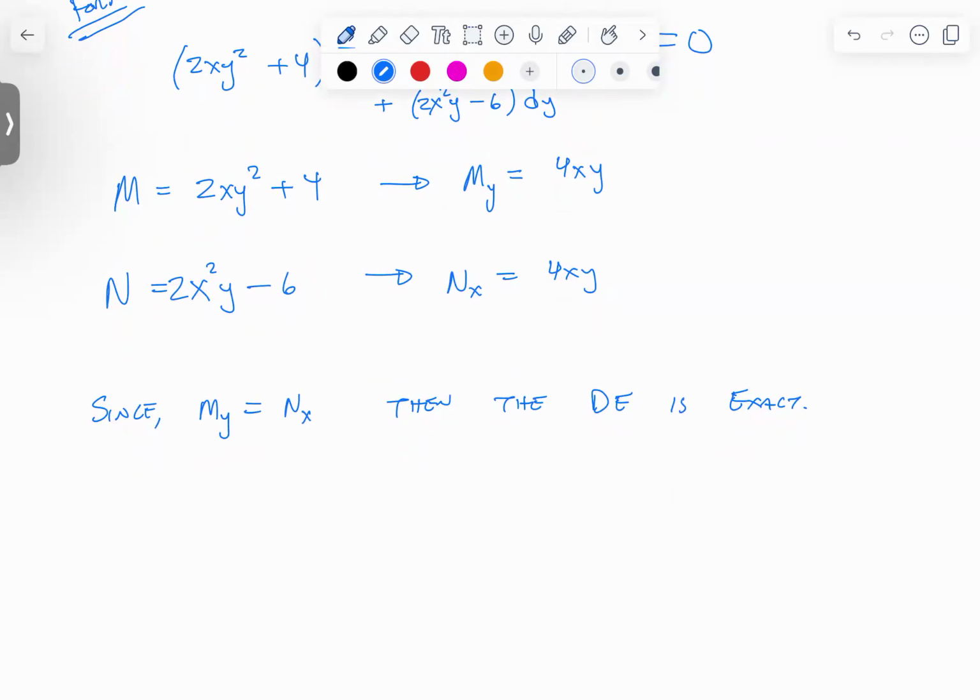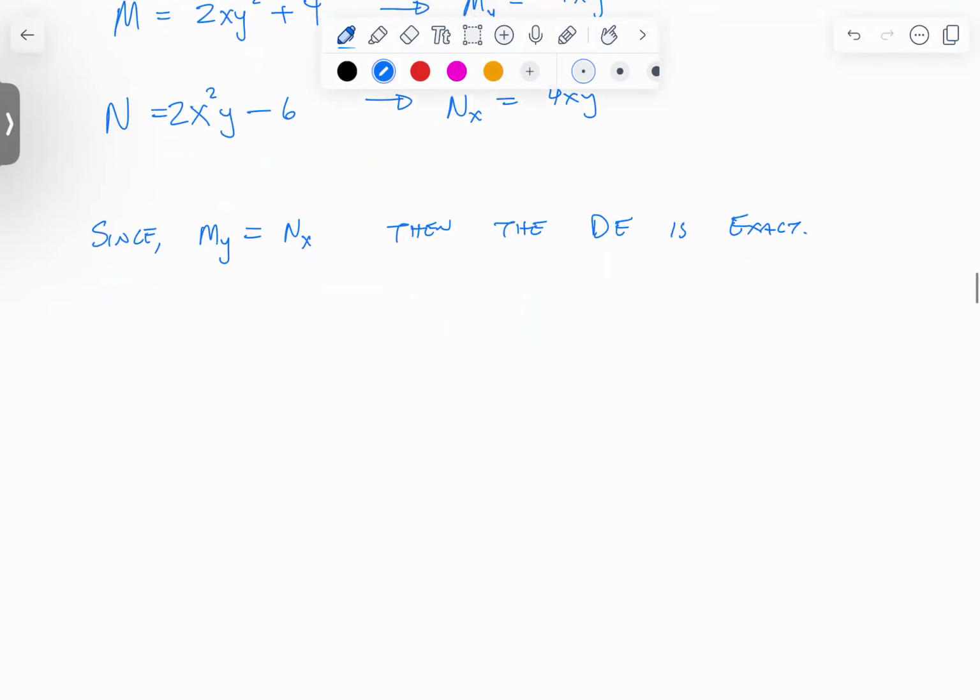If I had left that two off, we would have seen it in just a minute, I would have gotten 2xy versus 4xy. So double check to make sure it's exact, because we're going to see a case next where it's not exact, and it adds quite a bit. So I definitely want it to be exact.